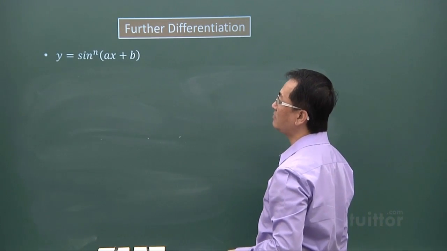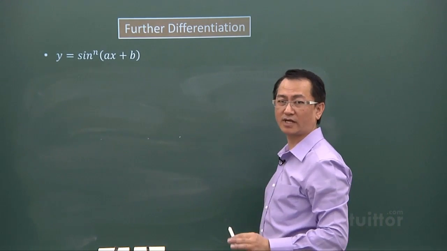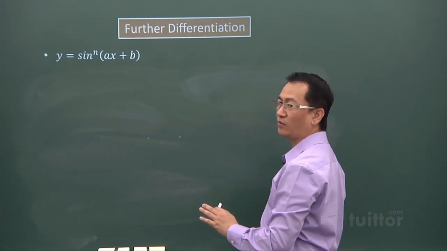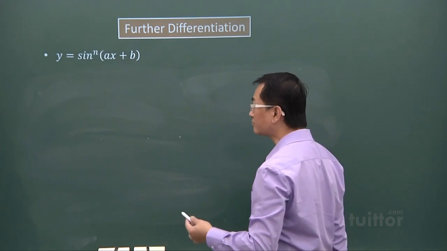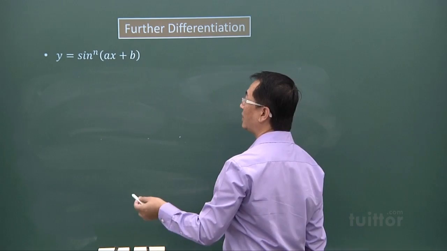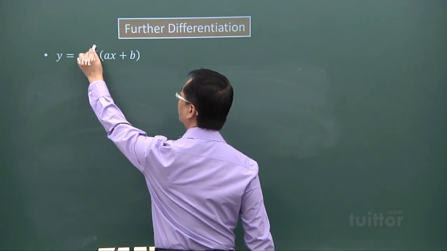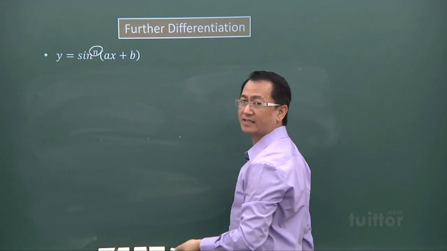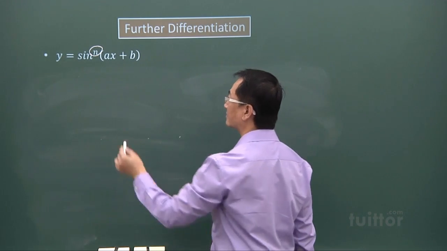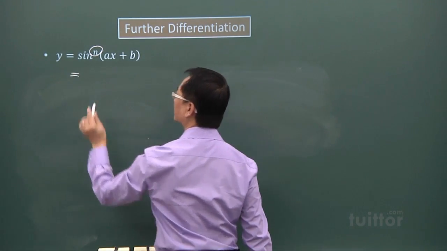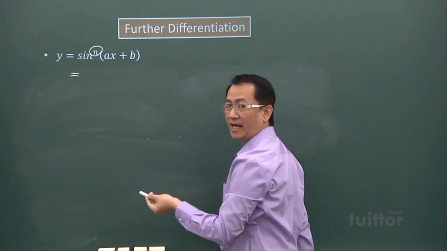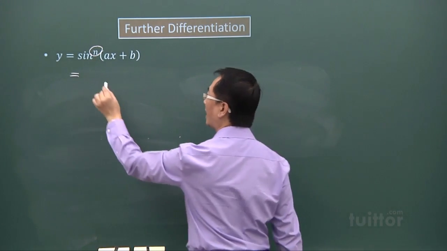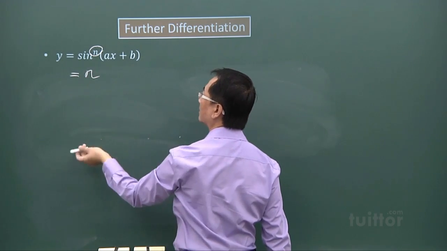Now this time, I'll give you the shortcut, and then you compare it with the chain rule we are about to show you. First, you have this, which is the index. So what you do is, the index will become the multiplier. So you get n.